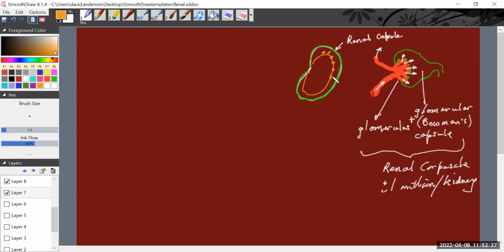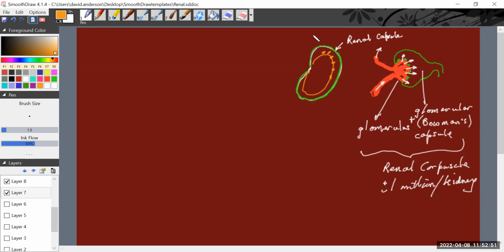And a small percentage will be right down close to the medulla. So this center area is the medulla. This outer area is the cortex, and that's the functional part of the kidney. And this entire functional part of the kidney is protected by a renal capsule, another group of tissues, mostly connective tissues.